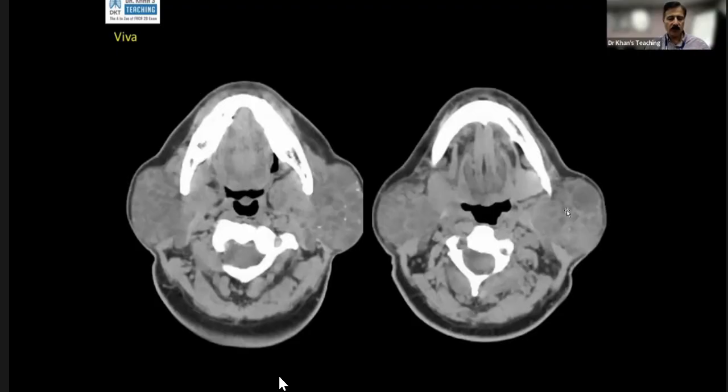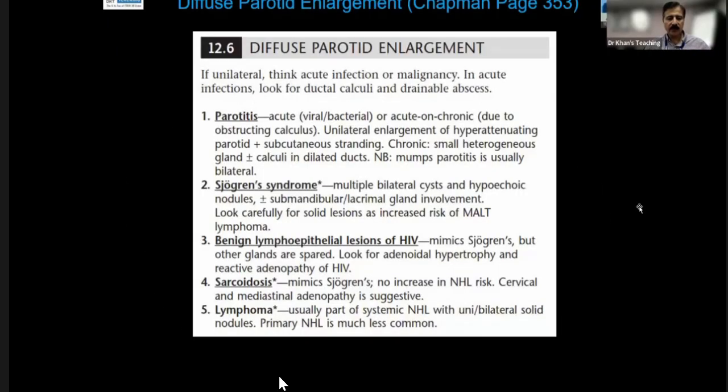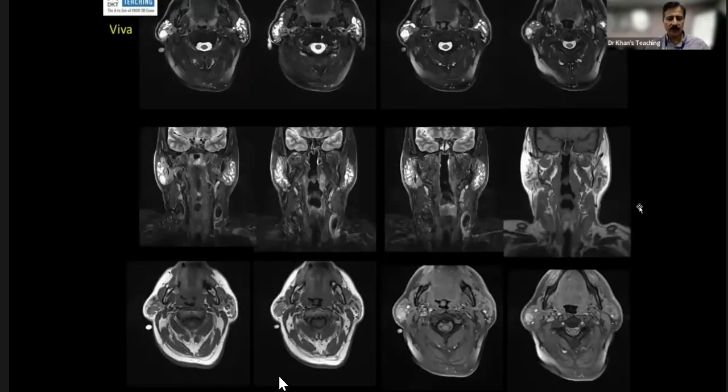So this is the destructive type of sialectasis. And here is another example where you can see this dilatation on a T2 weighted sequence, and there was a nodule which enhanced. Actually, in these cases, what happens is that there are lymphocyte aggregates which will give you this nodularity. You will have to do a biopsy to rule out any malignancy, but usually it is a benign entity.